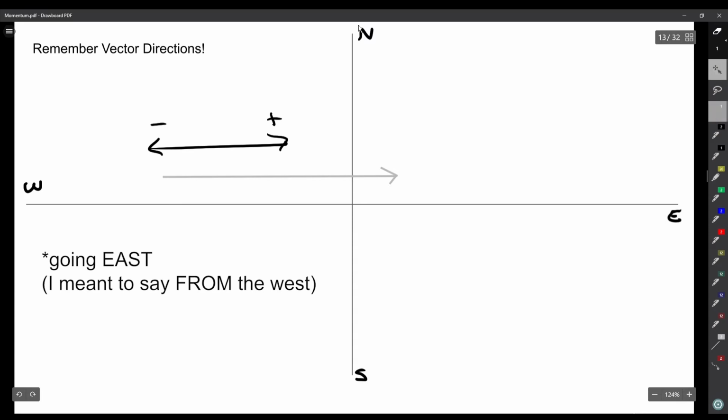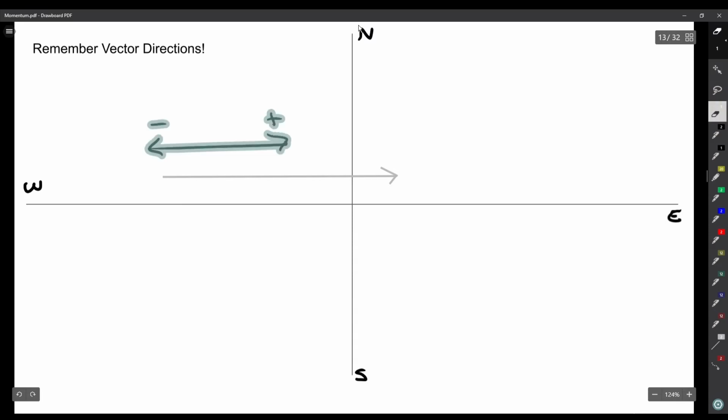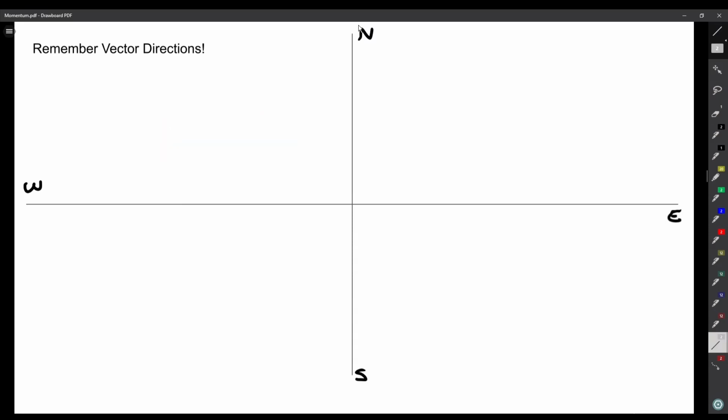Perfect. And when we remember vectors, we need to remember the x and y components of them. So if I had an impulse going here, and perhaps let's say this is 25 degrees, then we would have an impulse going in the x direction and an impulse going in the y direction.